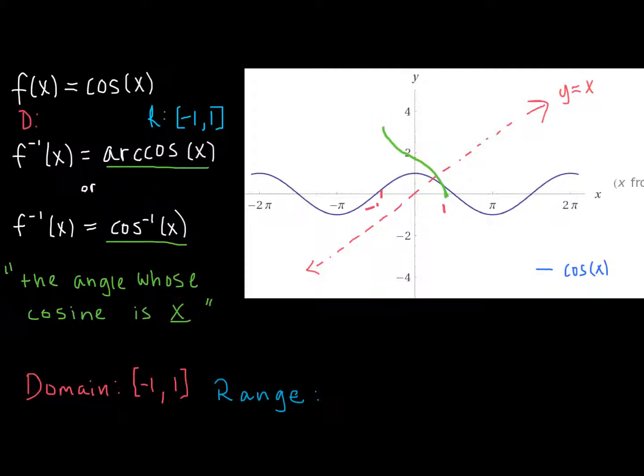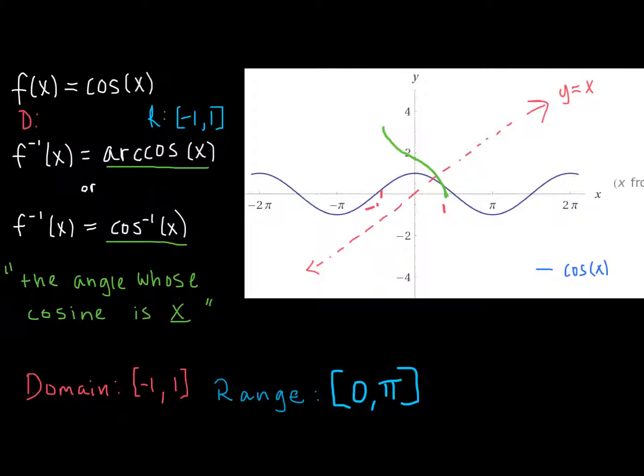Well, notice we got this point by reflecting from the point that had an x value on the x-axis of pi. And so this is going to go from 0 to pi. If you look at your unit circle, you'll notice that you get all the possible values of cosine if you go between the angles of 0 and pi. You're going to get all the positive values and all the negative values. And so our range is between 0 and pi.